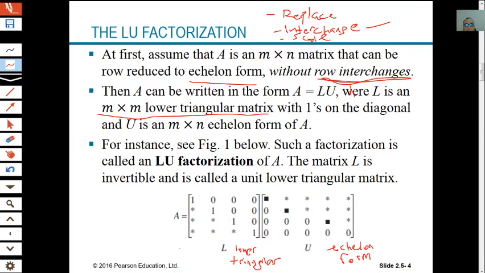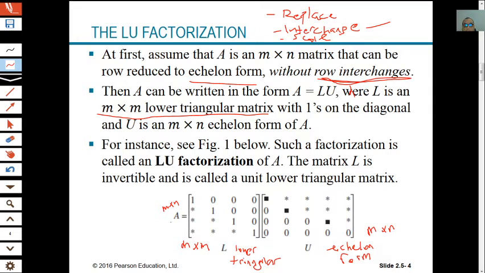We will learn how we can find the entries of the lower triangular matrix when we use the row operations to find the echelon form of the matrix A. The echelon form is an m by n matrix, and the given matrix is also m by n, you know.